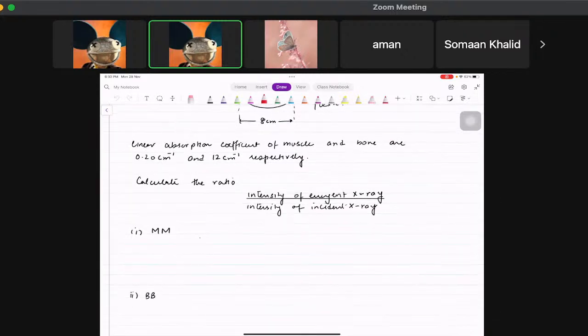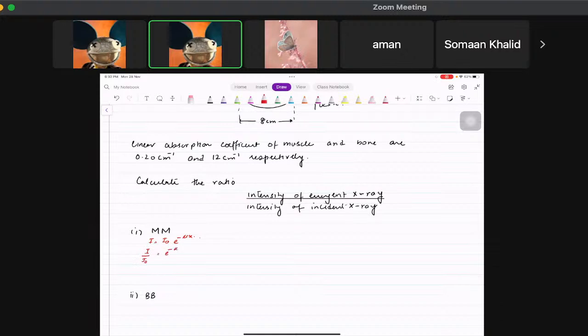The only formula that we have is basically I equals I naught e to the minus mu x. What we need is the intensity over the incident intensity, so we just need e to the minus mu x.